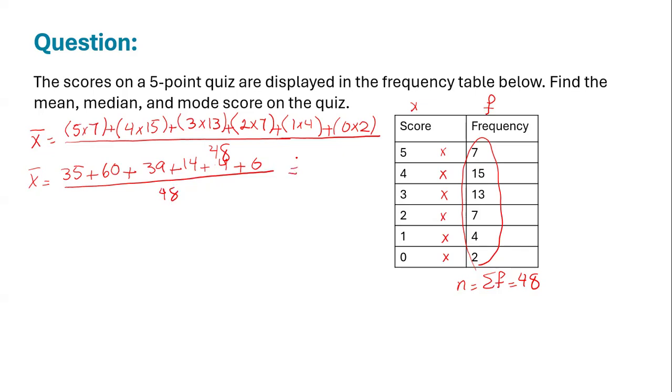If I add these numbers, 35 plus 60 plus 39 plus 14 plus 4, it's 152. And if I divide it by 48, it gives me 3.17. That's the mean. Okay?